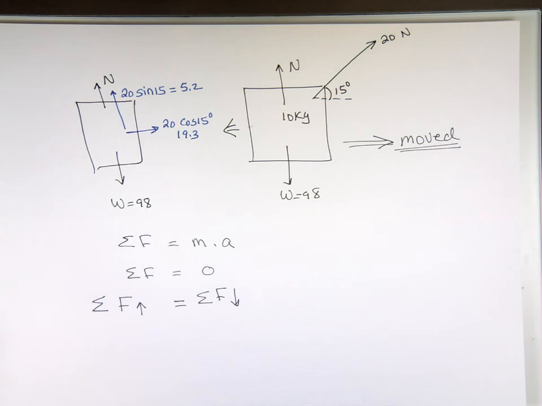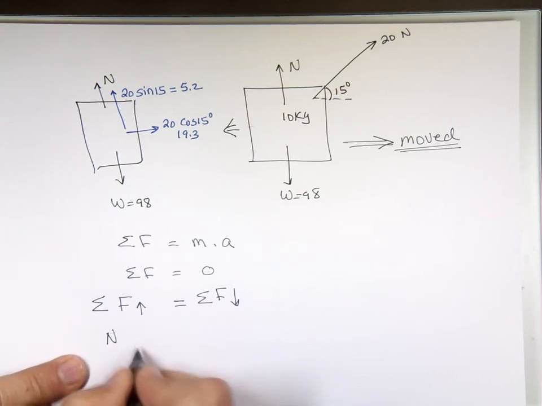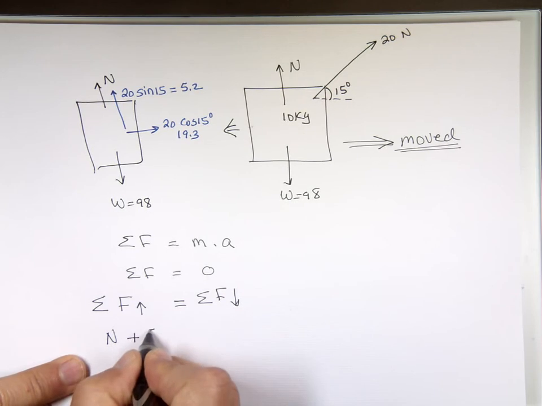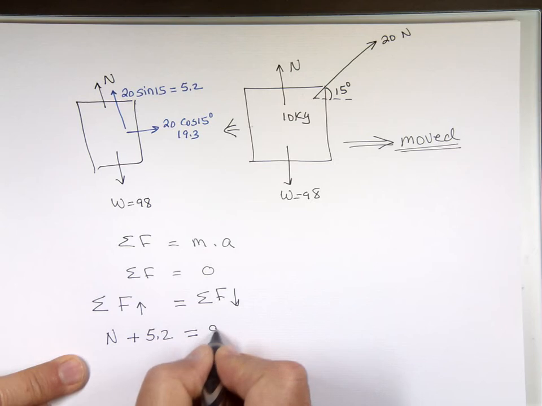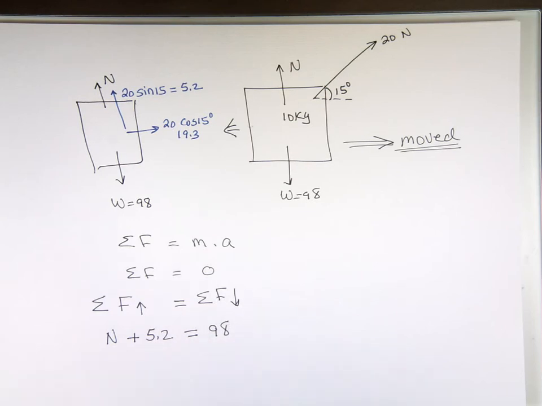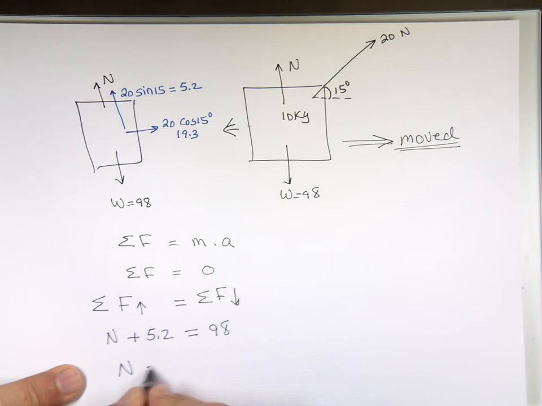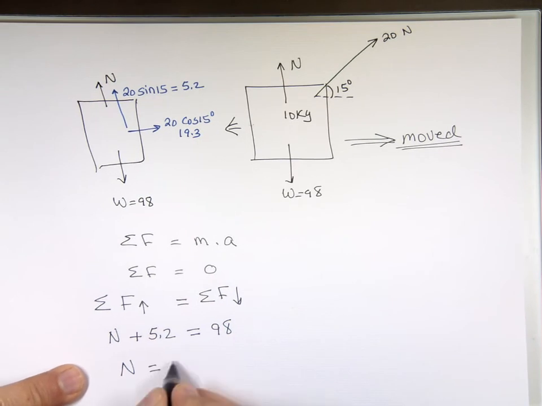So what do we have pointing upward? We have the normal force N plus what? The 5.2. And what do we have pointing down? The 98. What is N equal to? 92.8.